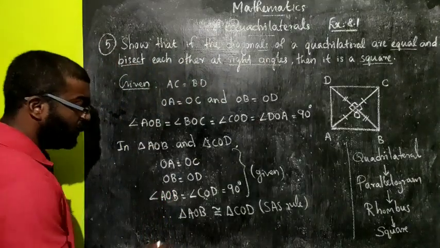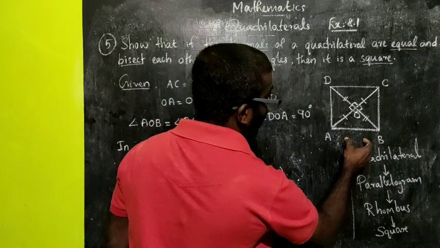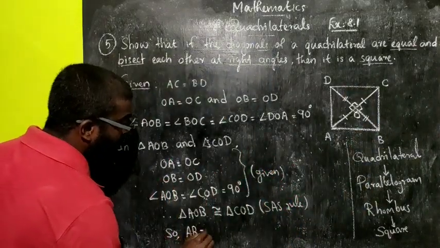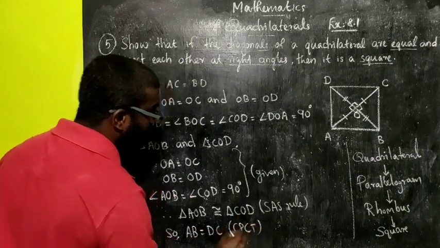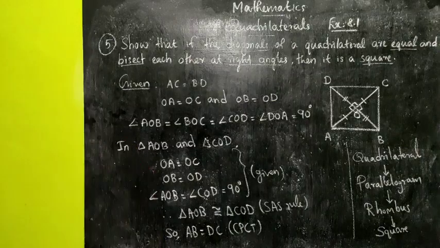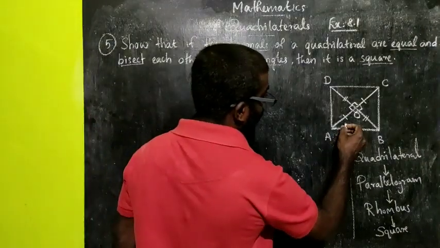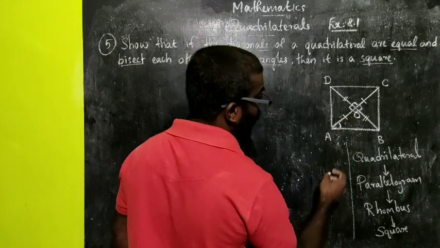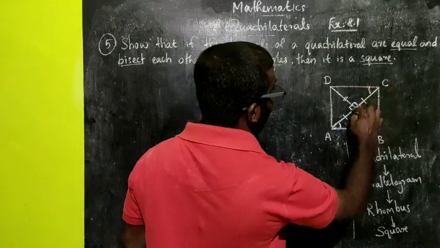Right. So by CPCT, we can write AB equal to DC. We can also write that the corresponding angles of these two triangles are equal by CPCT.